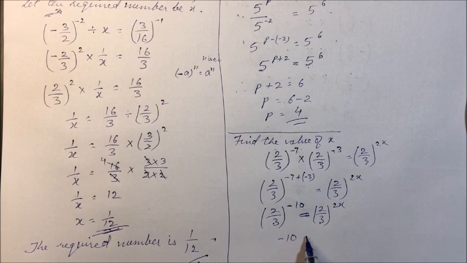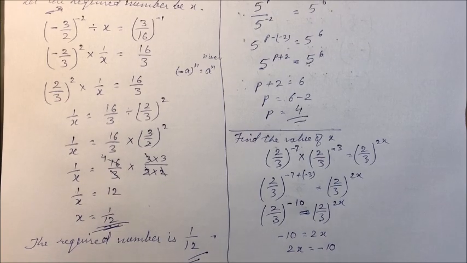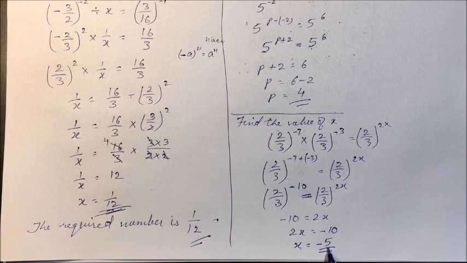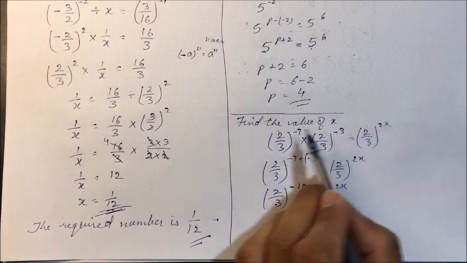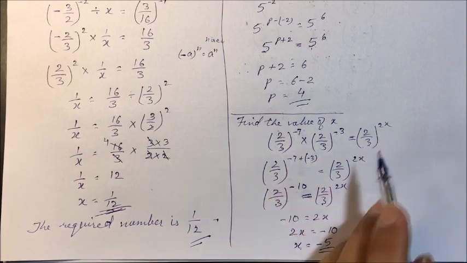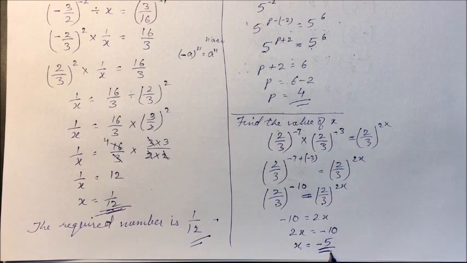Therefore minus 10 equals 2x, or 2x equals minus 10. x equals minus 10 divided by 2, that is minus 5. So for x equal to minus 5, this equality holds. So here the value of x is minus 5.